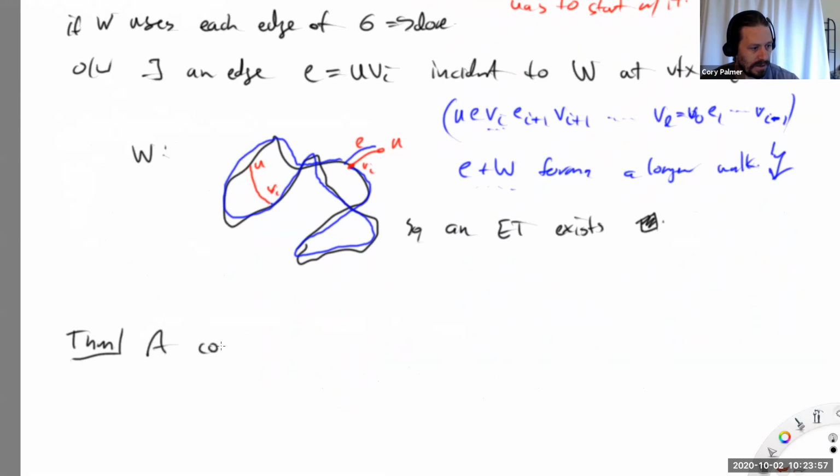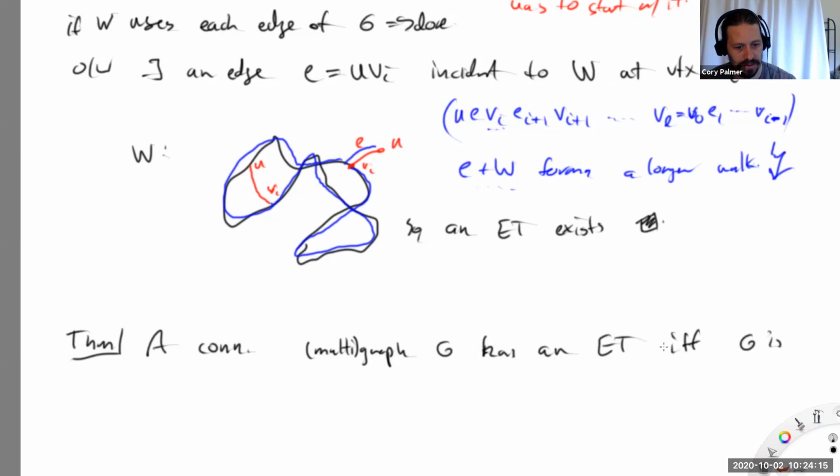Okay, so a connected multigraph G has an Euler tour if and only if G is the edge disjoint union of cycles.